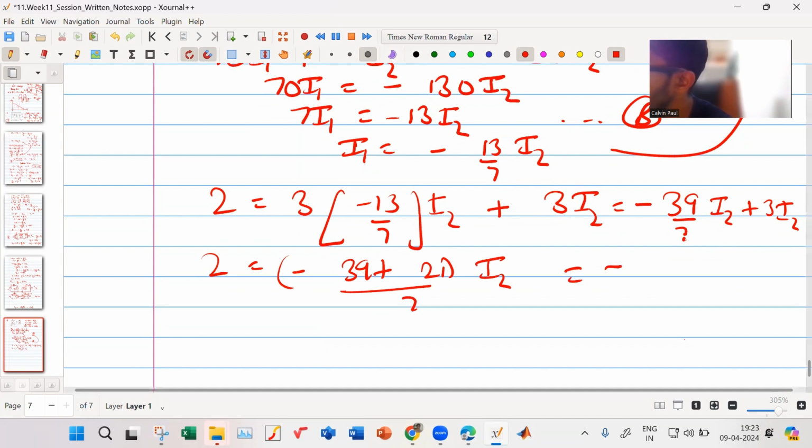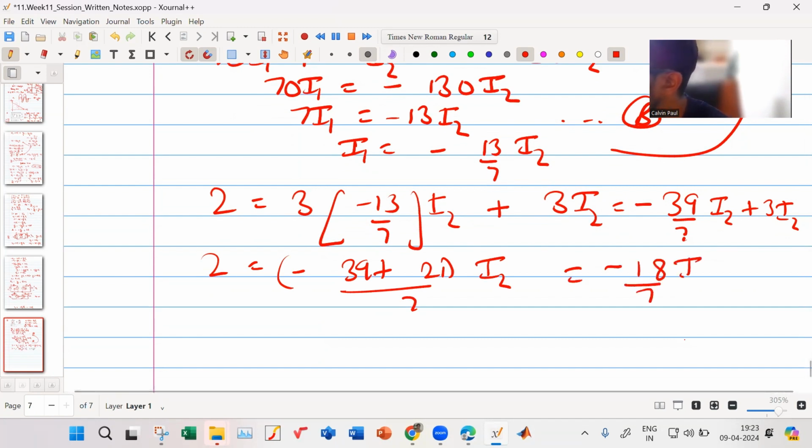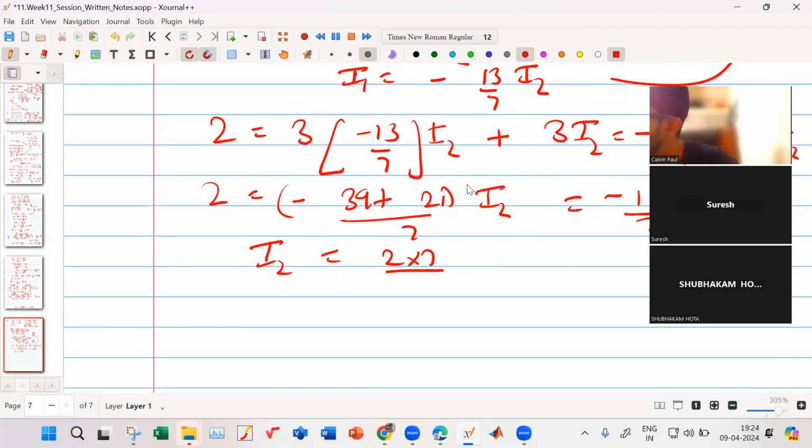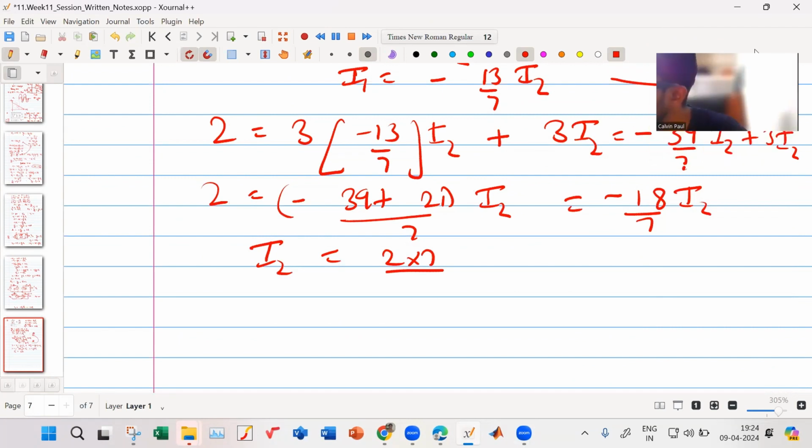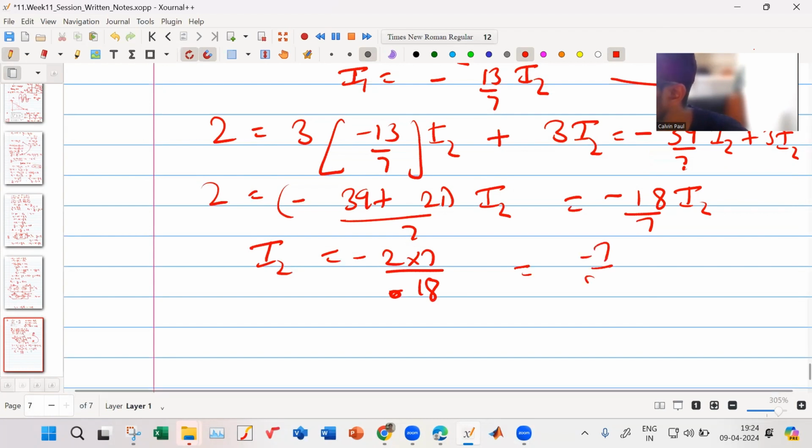So you get 2 is equal to minus 18 upon 7 I2. So I2 is equal to minus 2 into 7 upon 18, that is equal to minus 7 upon 9. So how much is your I2? It is minus 0.777 ampere.